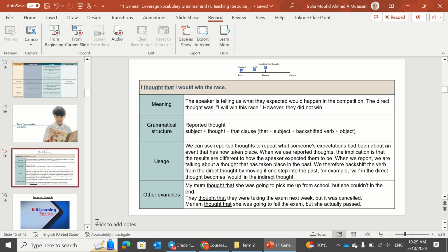Okay. What's here? Maryam thought that she was going to fail the exam, but she actually passed. She thought. The actual words would be Maryam says, between quotation marks, I am going to fail the exam.